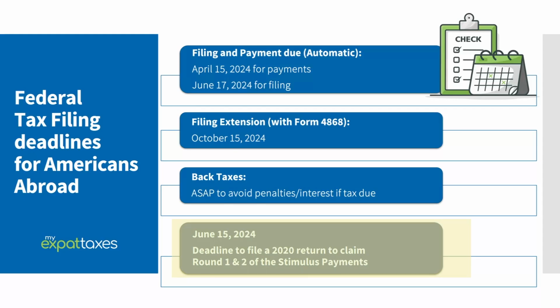And this is very important. The last point here on this slide: if you did not receive, for some reason, the stimulus payment, the coronavirus payments that were issued in 2020 and 2021, you have to hurry, because the deadline, the last chance to claim those for 2020 is now, up to June 15, 2024.